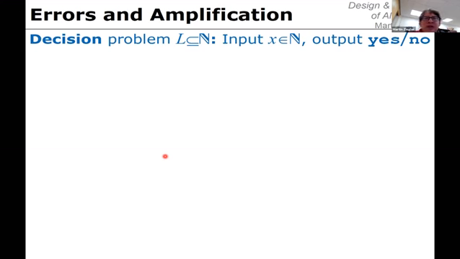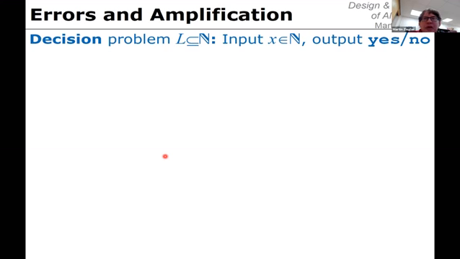Factoring integers is not a decision problem, but a function problem. In factoring integers, the input is still a natural number, but the output is some non-trivial factor of that number. This factor being a natural number, it's not just yes or no.